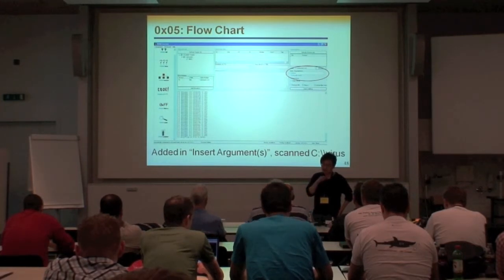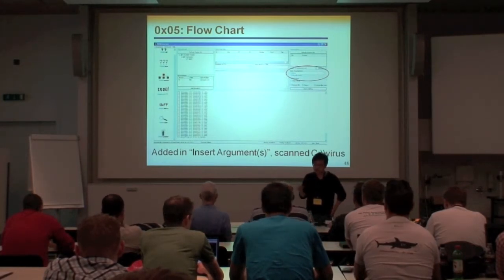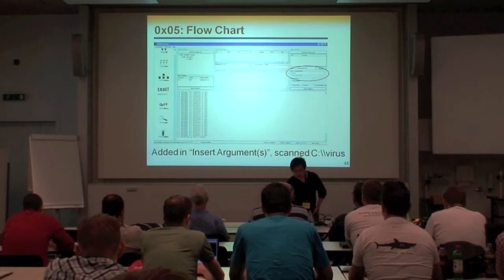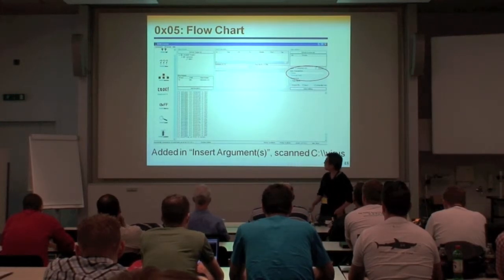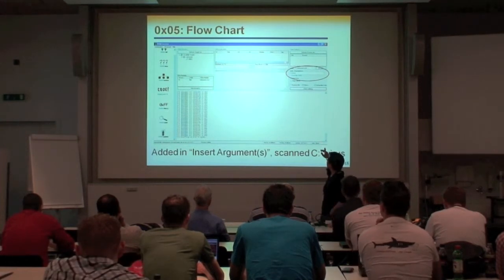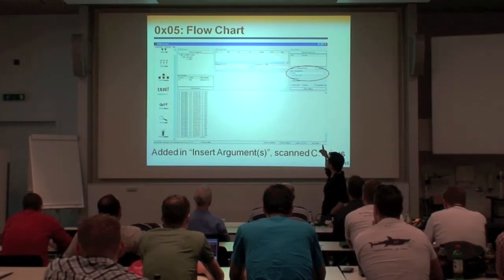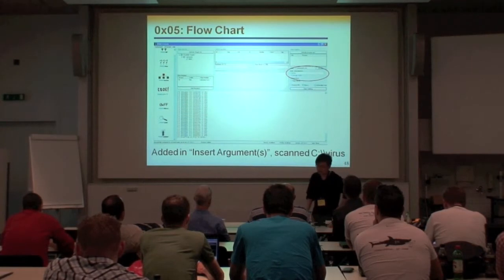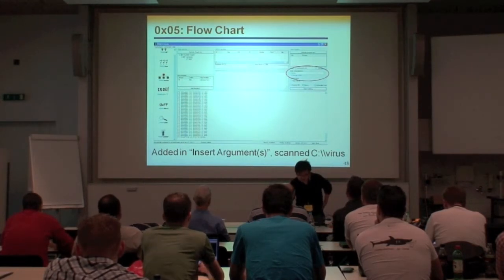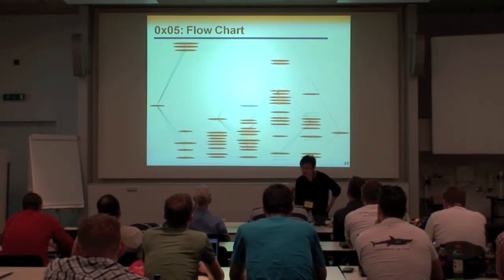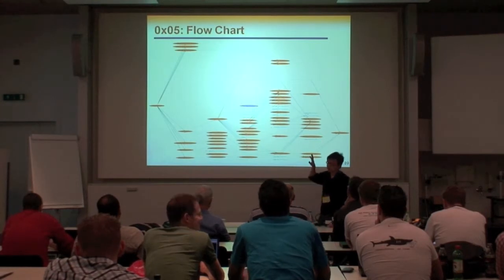Now we can use Pyman Stalker to trace how the toolkit scans the targeted directory. For this example, we use our toolkit to scan the C drive virus directory. And this is the result of the Pyman Stalker.